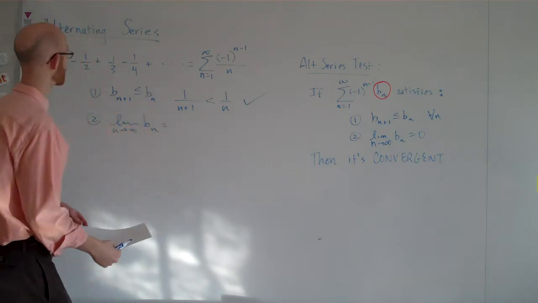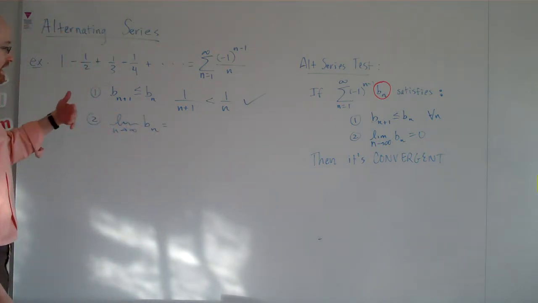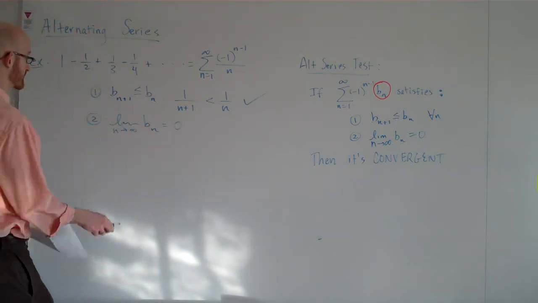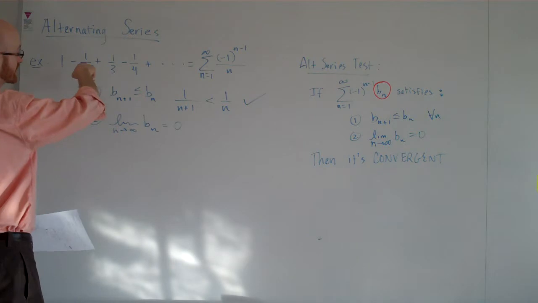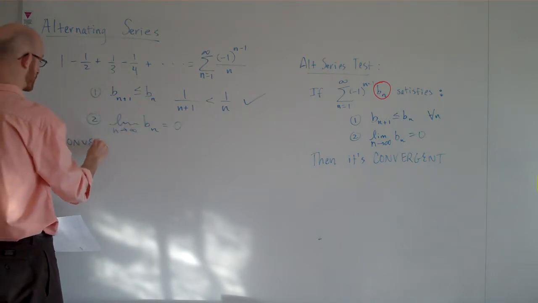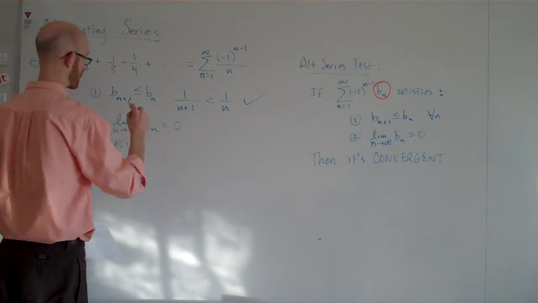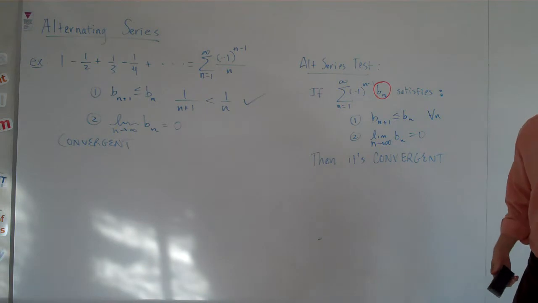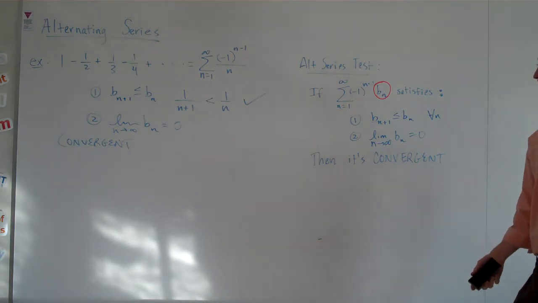It's pretty clear: 1, half, third, fourth, etc. That one goes to 0. So the alternating harmonic series is convergent, which is a somewhat interesting result because the harmonic series itself was divergent.